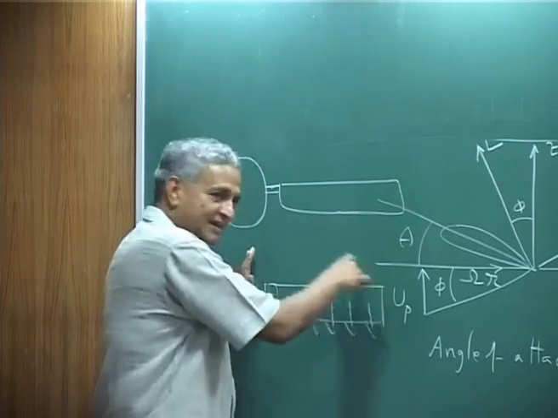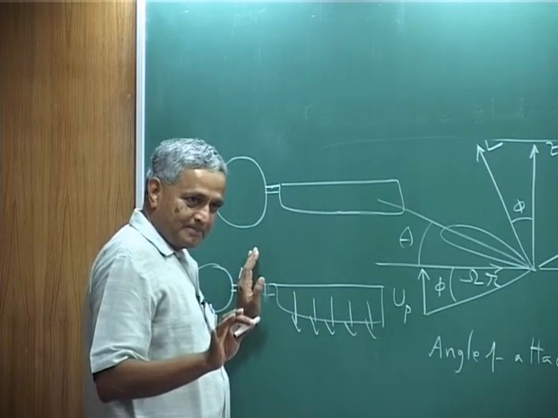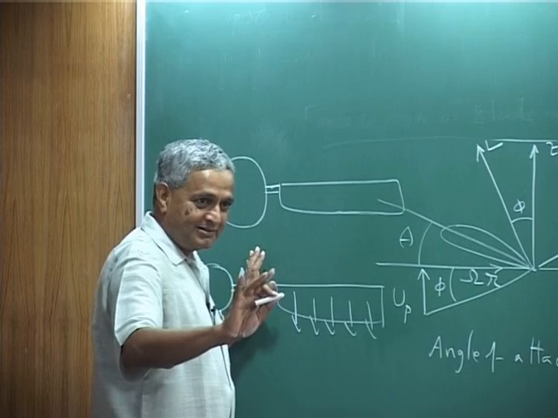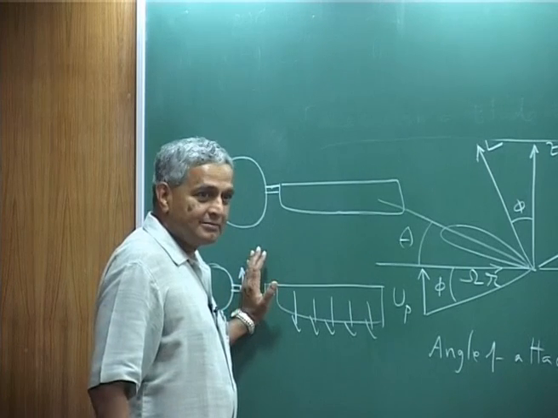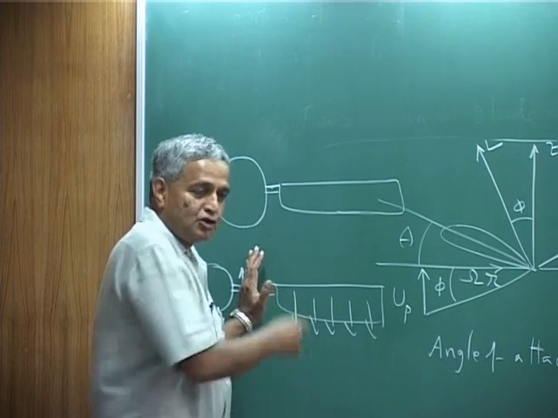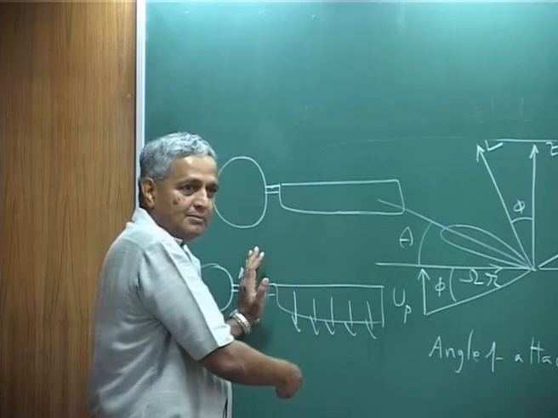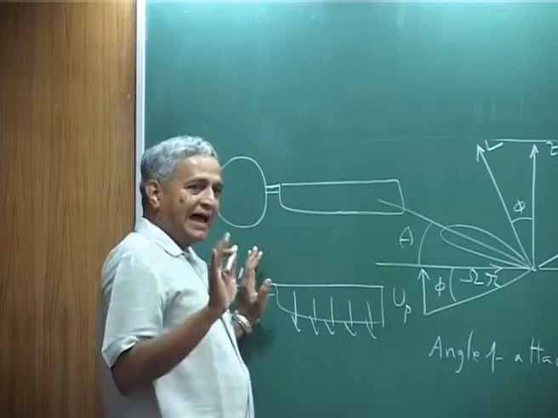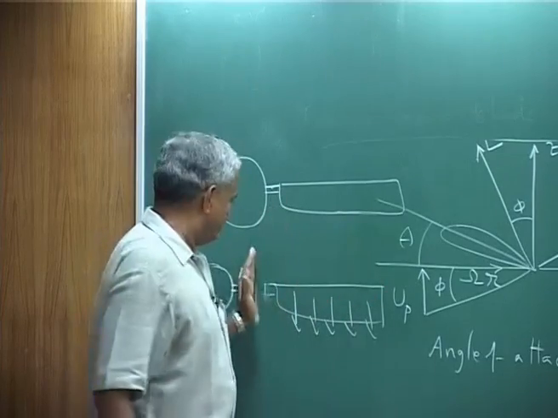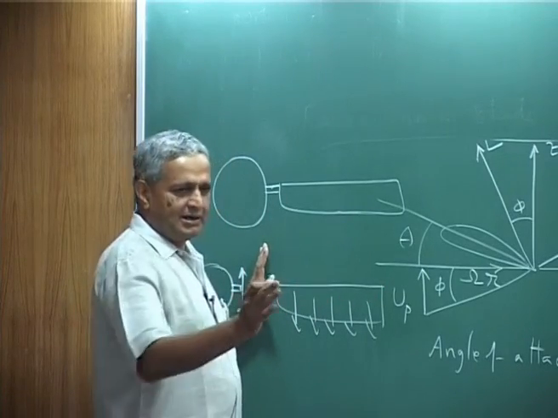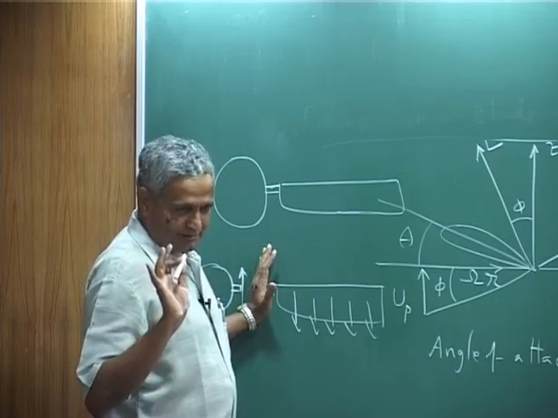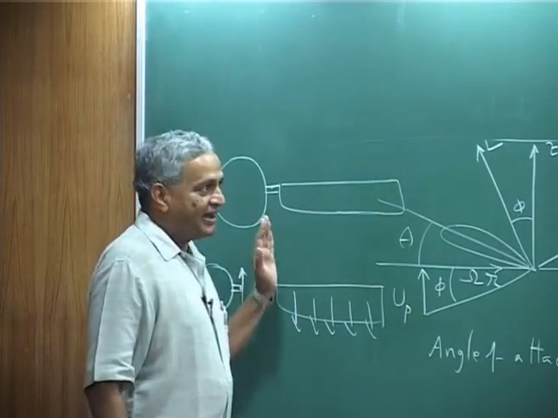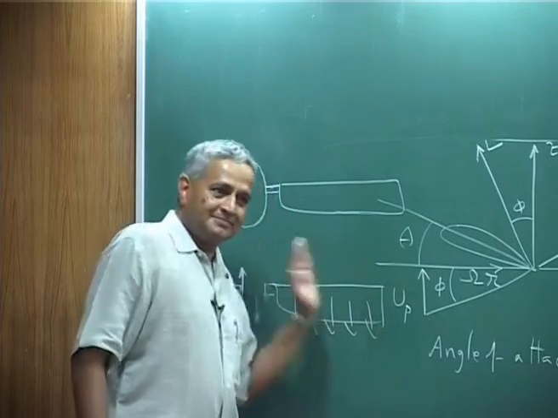But then this entire force has to be what? At the root, you are going to give a moment. See, the total force that acts on a body has to be 0, and you say moment is 0. There are two conditions. I have isolated this body.